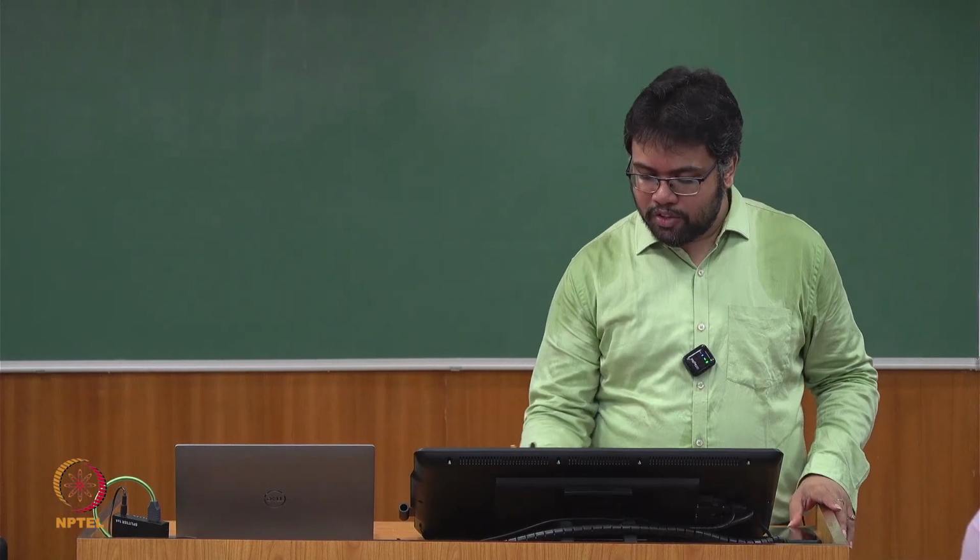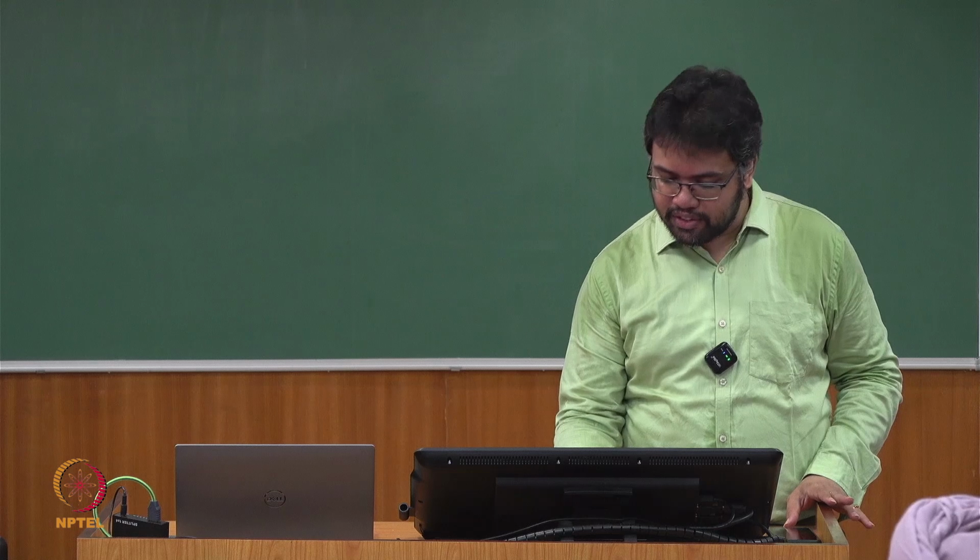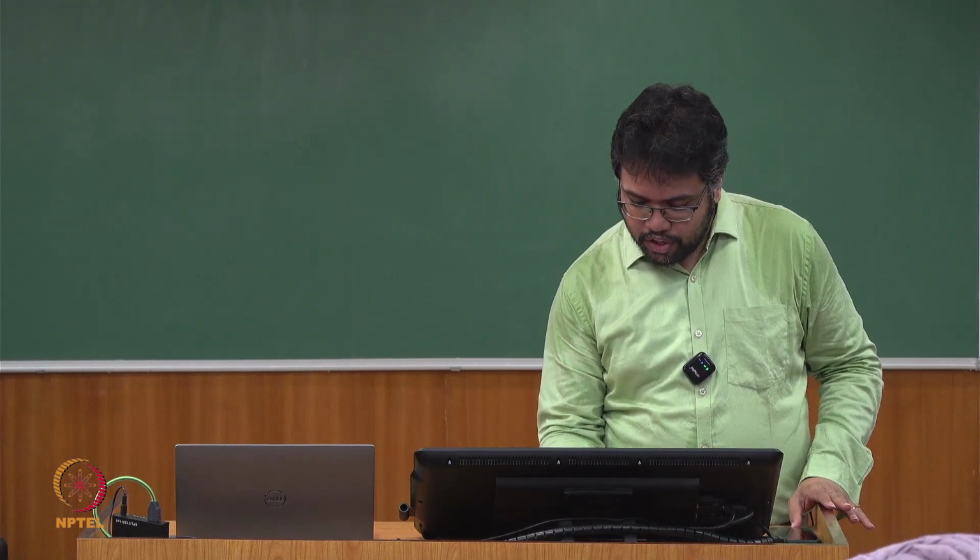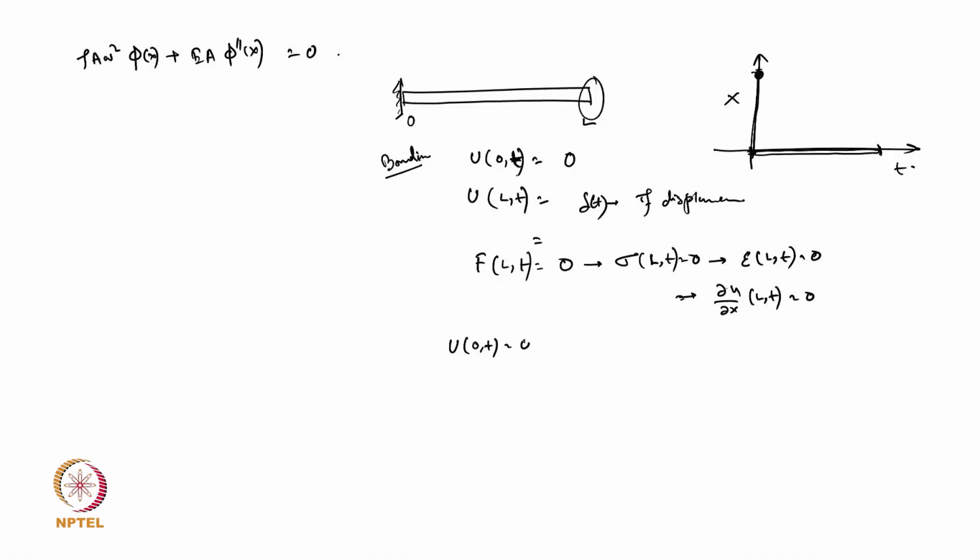Okay, so we have to satisfy these two things. The first thing we have to satisfy is u of 0 comma t equal to 0, and del u by del x at x equal to L equal to 0. And as there is no t contribution, I can just say that u of x comma t is nothing but phi of x into e to the power of i omega bar t, and maybe a Q is also there.